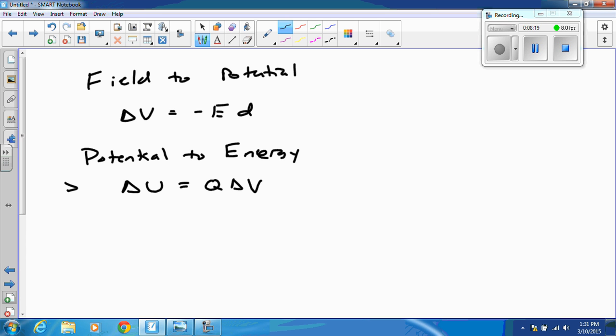If I go down in voltage, the positive charge will decrease in energy. The one difference is that whereas masses are always positive, charges can be either positive or negative. So every time we deal with a negative charge, we have to reverse our thinking about it. A negative charge that goes up in voltage is going to lose potential energy. And a negative charge that goes down in voltage will increase.